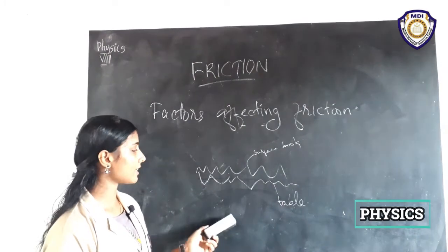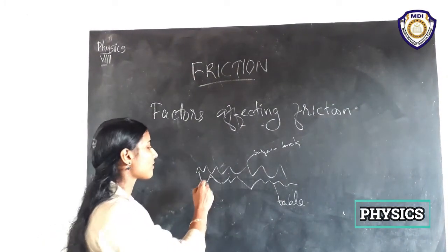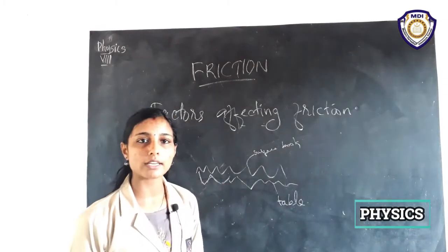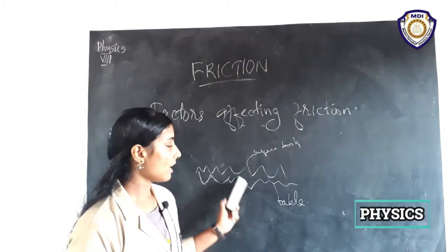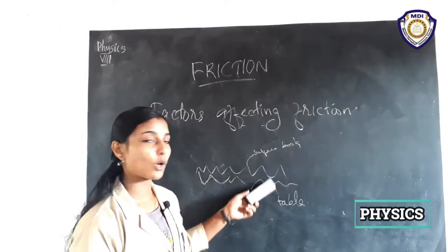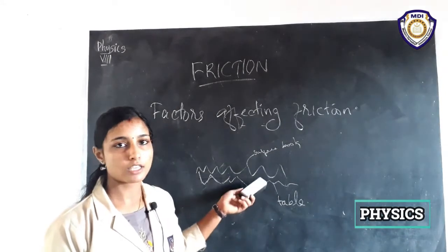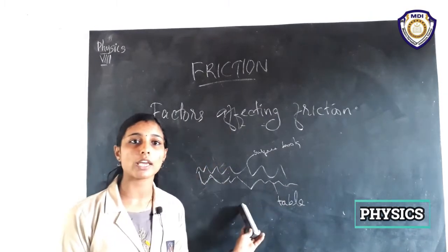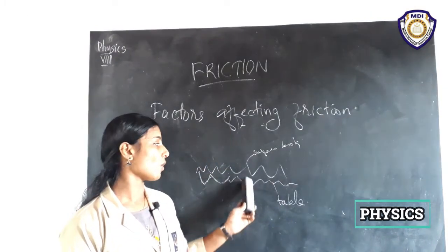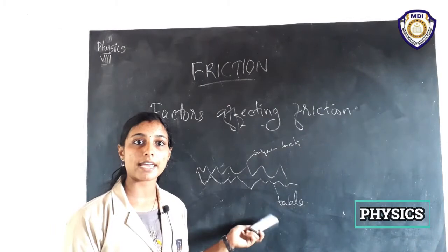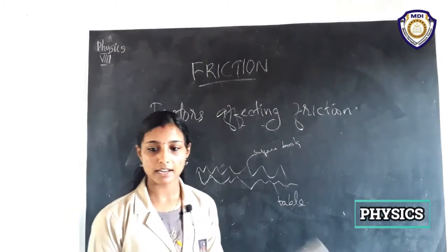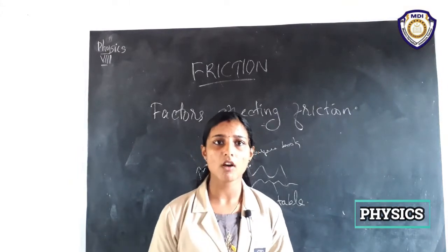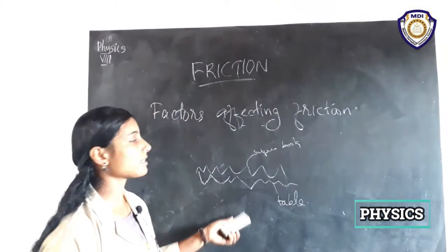A smooth surface has fewer irregularities, and the interlocking is smaller, while in a rough surface the interlocking is more and friction is more, right? So we have to apply more force to overcome the frictional force in the case of rough surfaces. This is how the factors affect friction.